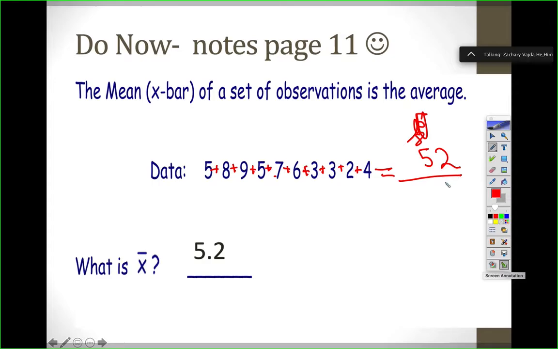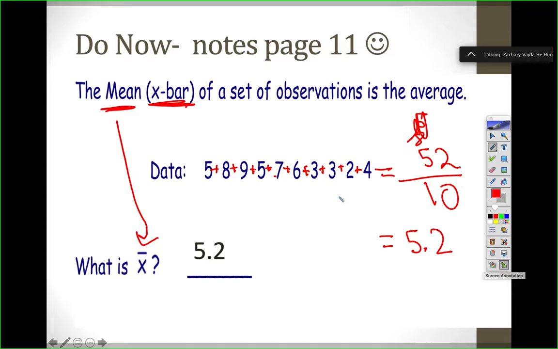So our total is 52. You divide it by 10, you get 5.2. Now, the mean is called X bar in stats, and it looks like this, X with a bar on top. So again, that is the mean.